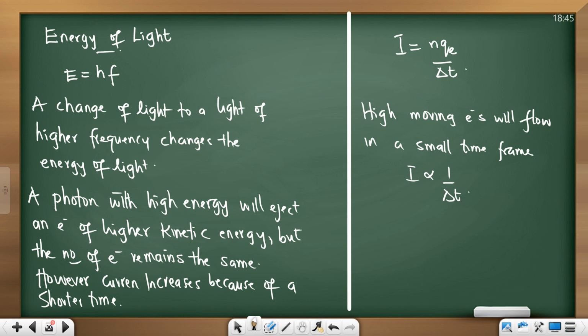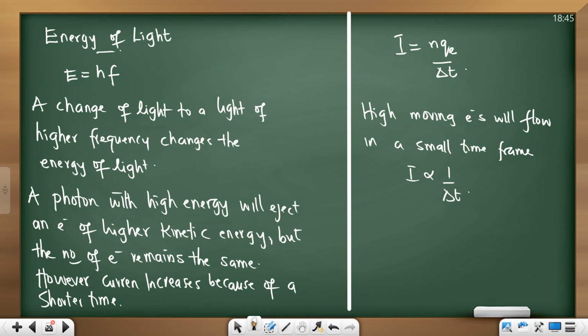So examiners are going to want to trick you, and the whole idea is, do you understand the topic? That's what the whole question would be. Do you really understand the topic? If you understand, then we can play around so many things. Okay. So whichever way, summary of this, number of photons will affect number of electrons. Energy of photons will affect what? Energy of electrons. That's the summary.